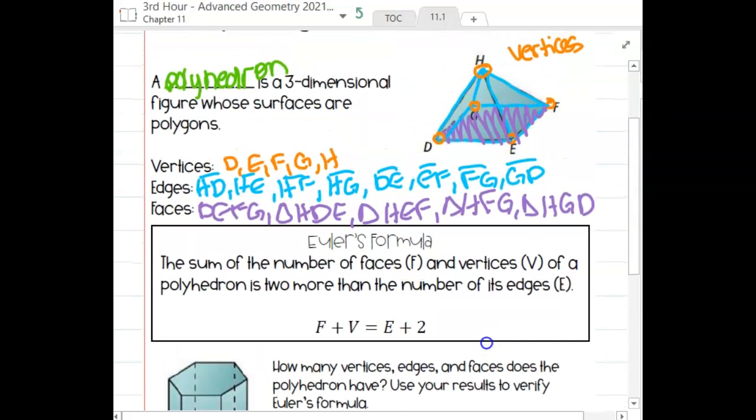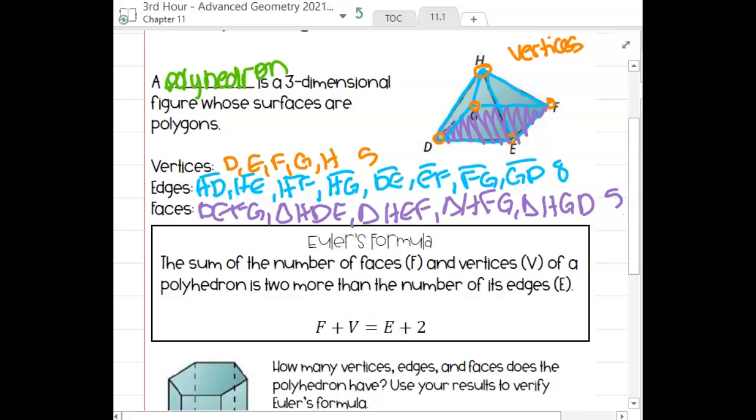So to show you that that works here, the number of vertices, there were 5. The number of edges, we named 8 of them. And the number of faces, we have the bottom one, and then those 4 around the side, we named 5 of them.